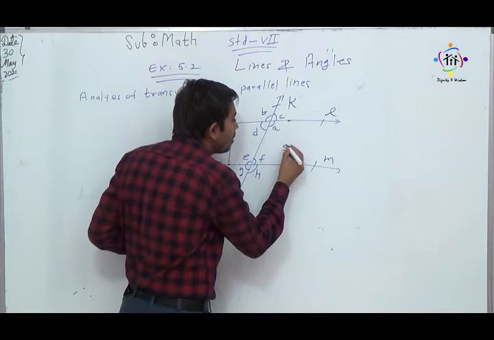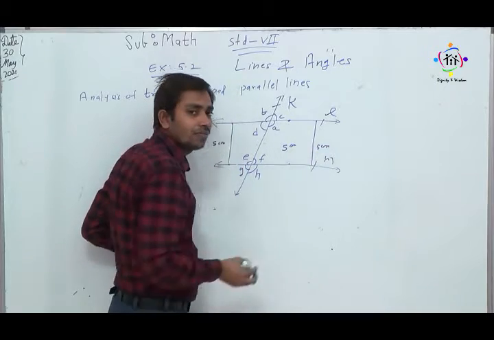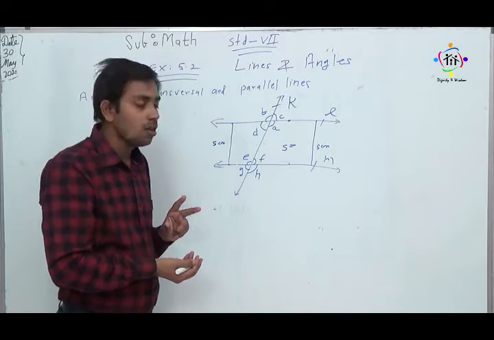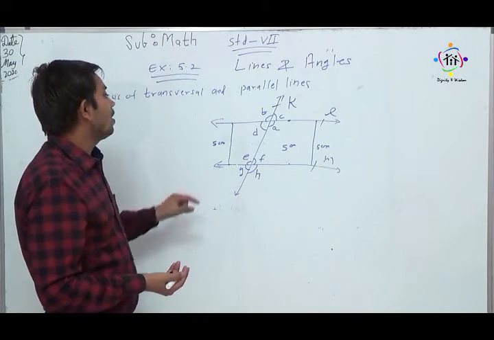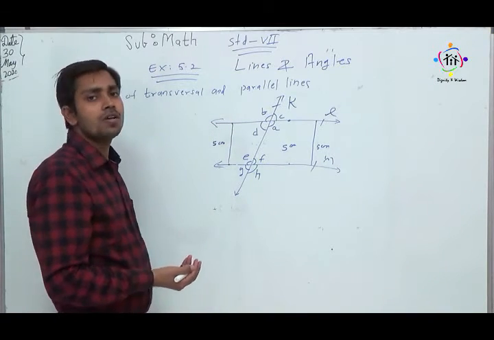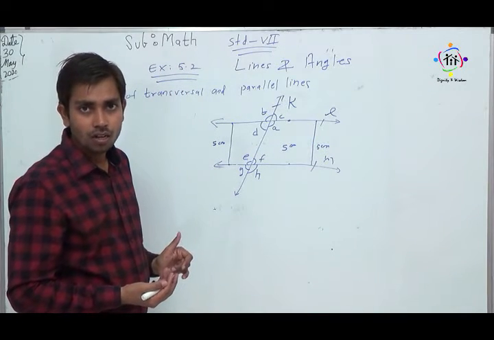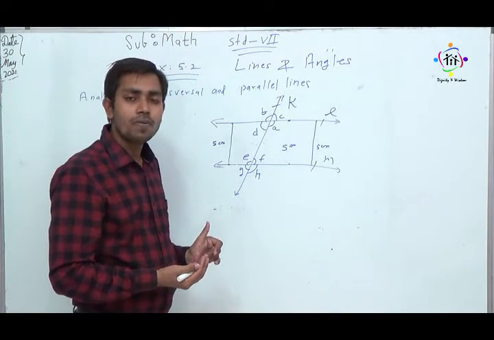Here it is also 5 cm, here it is also 5 cm. Then it is called what? Parallel lines. So always remember, my dear students, two or more lines are parallel when the distance between their corresponding points remains the same throughout the line. I hope you have understood what is meant by parallel lines.